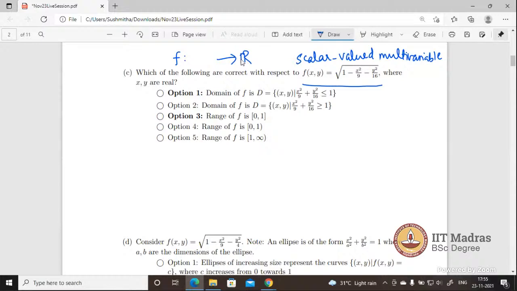At what points is this function well defined? The domain is a subset of what? R2. We know for sure that f depends on two variables, x and y, so the domain is a subset of R2. What are the points where this function is well defined?